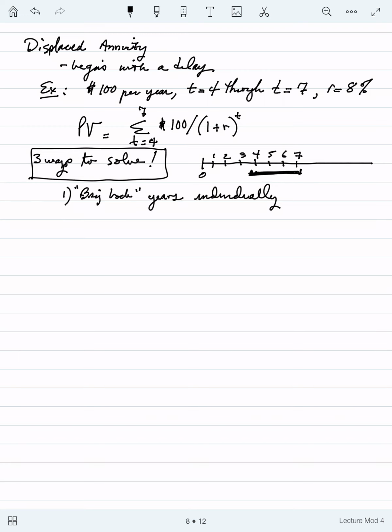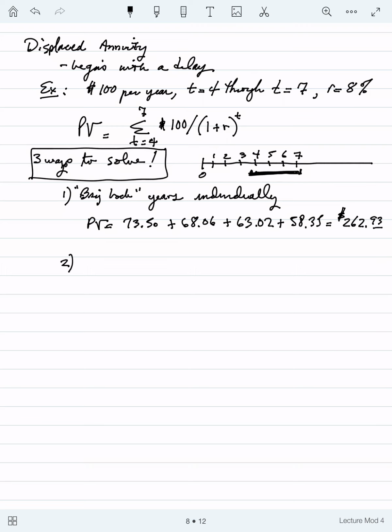So you bring back those years. So the present value of the $100 per year runs like this. Actually, it's $73.50 in year 4, $68.06 in year 5, and it's $63.02 after that, and $58.35. Just got this off my spreadsheet. So you get $262.93 for the present value. Now that's okay, but it takes a lot of work, right?